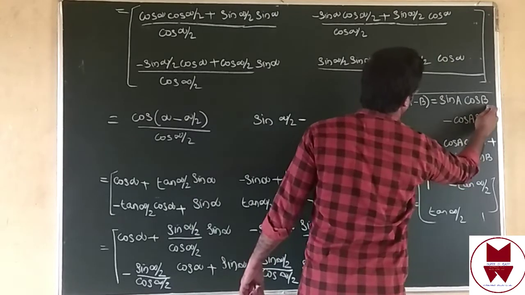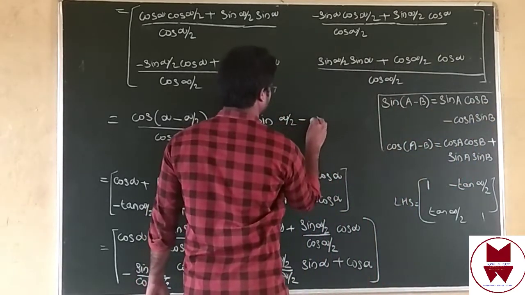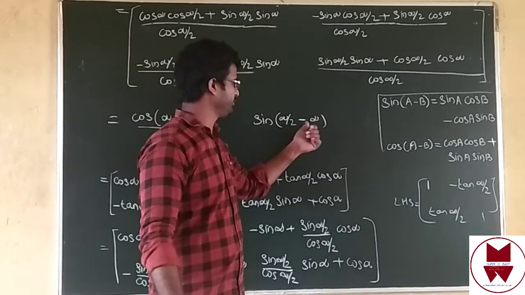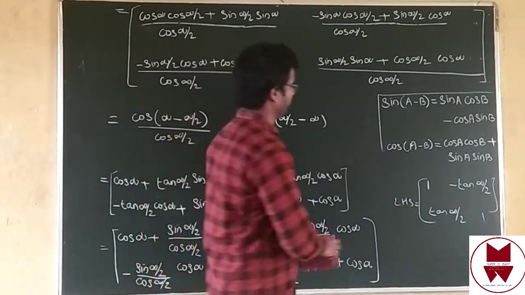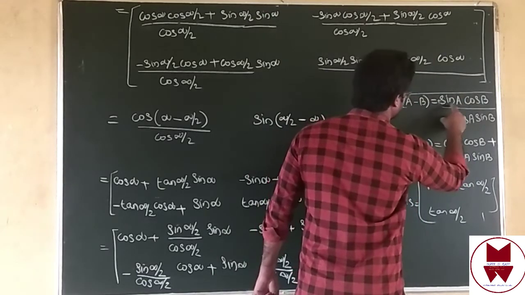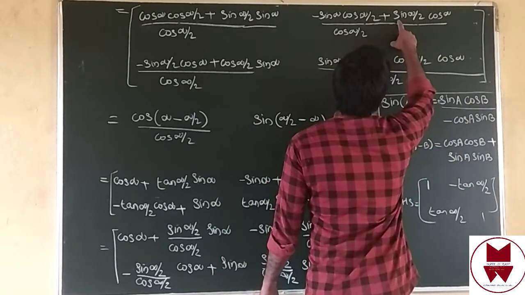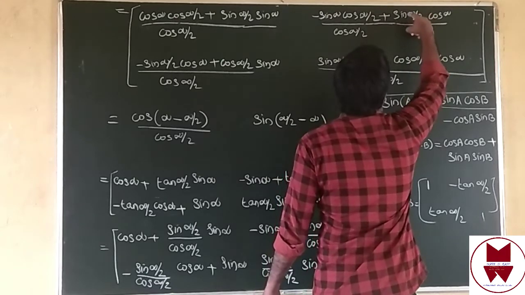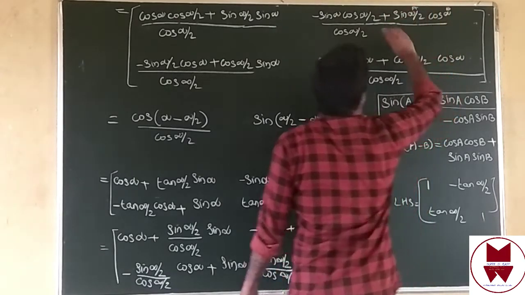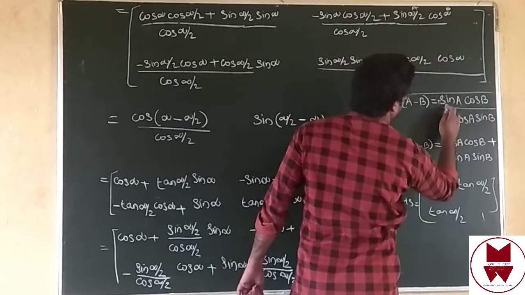Cos alpha, that is alpha. Careful, don't change in here alpha by 2 and alpha. Look, this first in here sin is plus, isn't it? That means sin A. In here plus means sin alpha by 2. Alpha by 2 will be A, then alpha will be B. Sin A cos B.